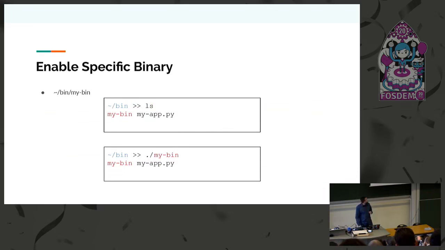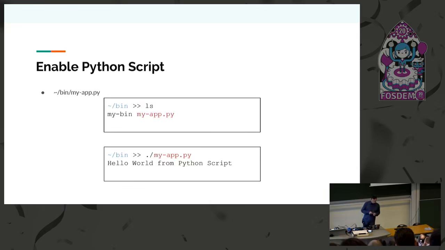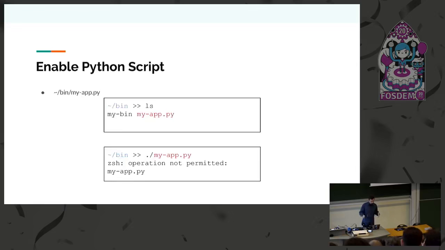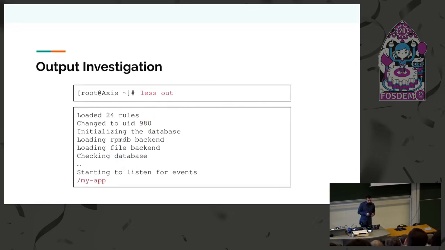What about the Python script? Well, we are able to run it right now with Fapolicyd disabled. It's some hello world script. If we run the daemon again as before, we can see that it is not possible to run this Python script. So we will investigate again with the same approach.